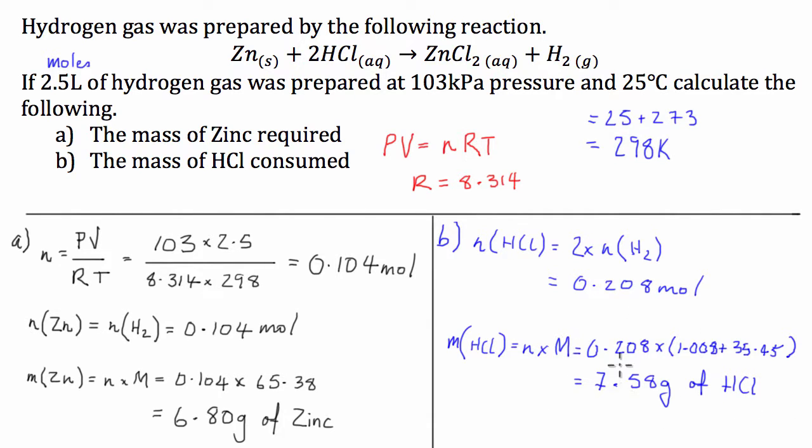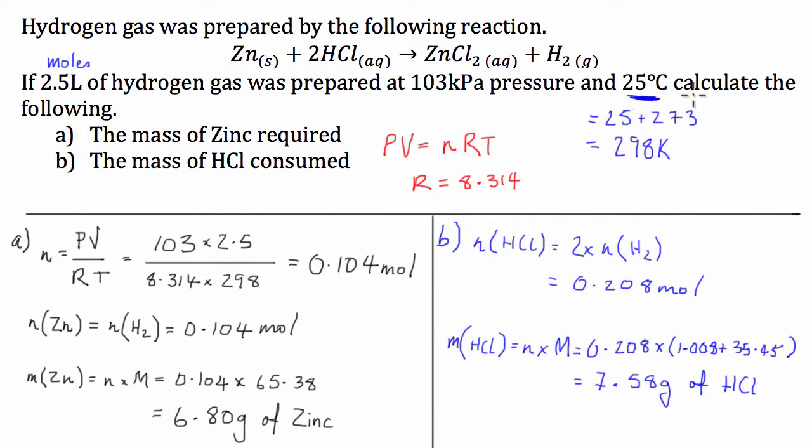So, you can see there's not that much to the problem. Where the make or break situations occur in this problem is when you see this litres, this volume quantity of hydrogen gas, you must convert it into a molar quantity using the ideal gas law. You also mustn't forget that if the temperature is in Celsius or Fahrenheit or whatever, you must convert it into Kelvin.